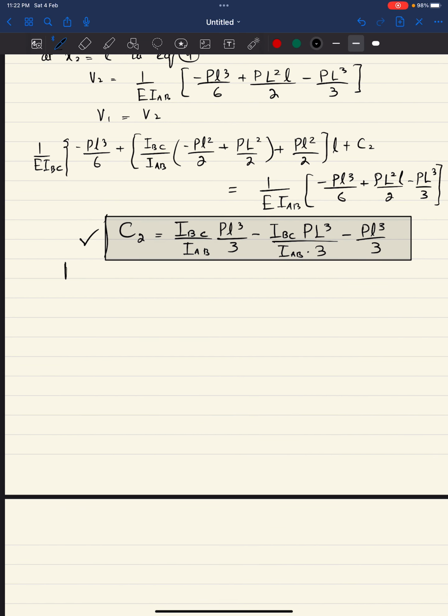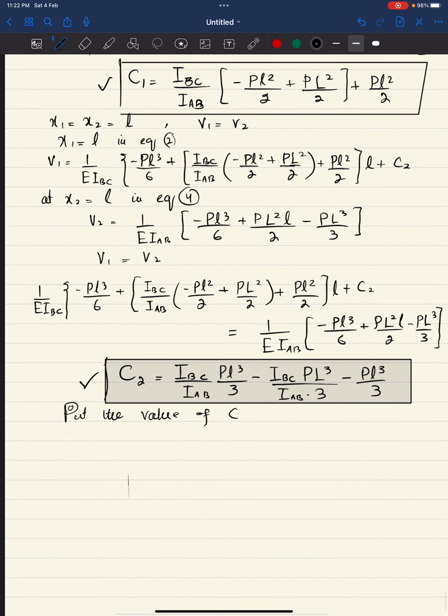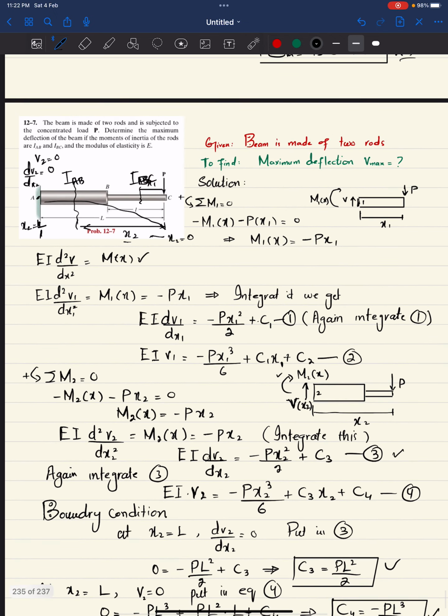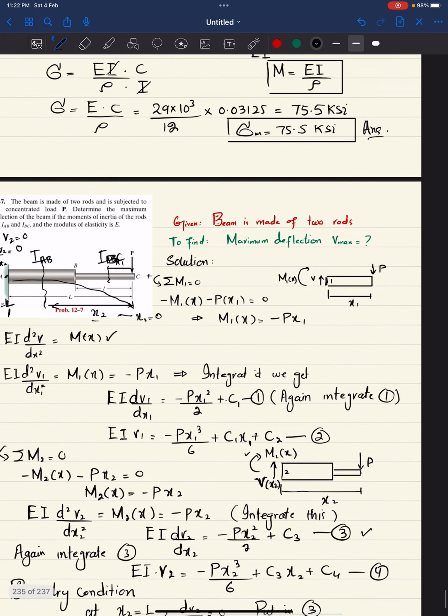Okay, V1, make a correction. This is point V1, this is point x1.